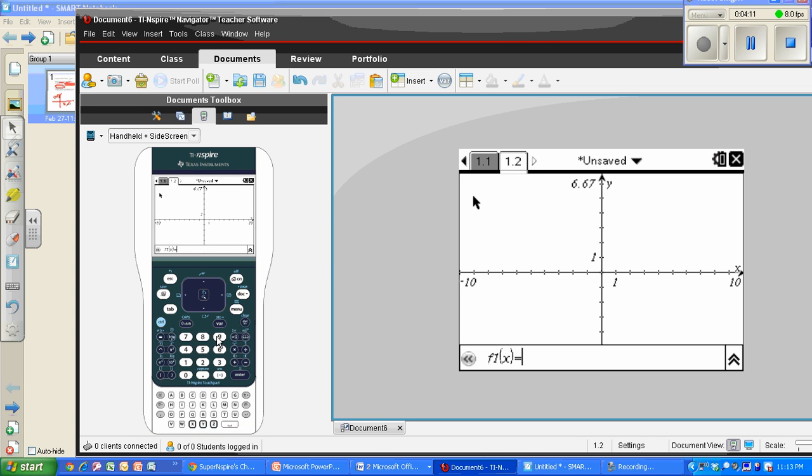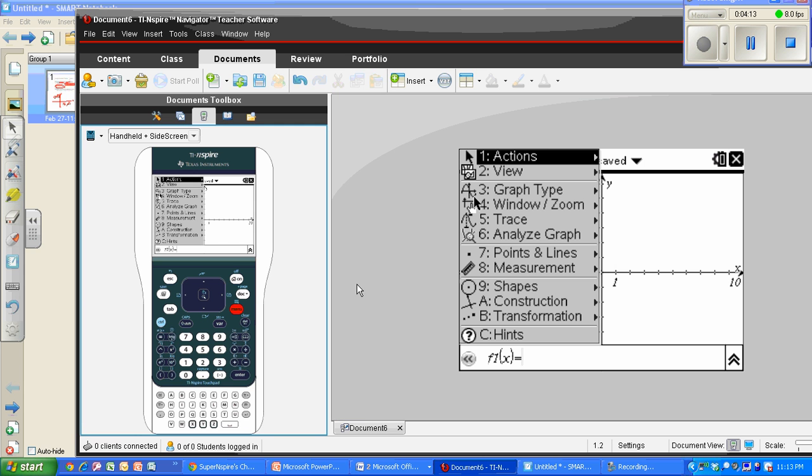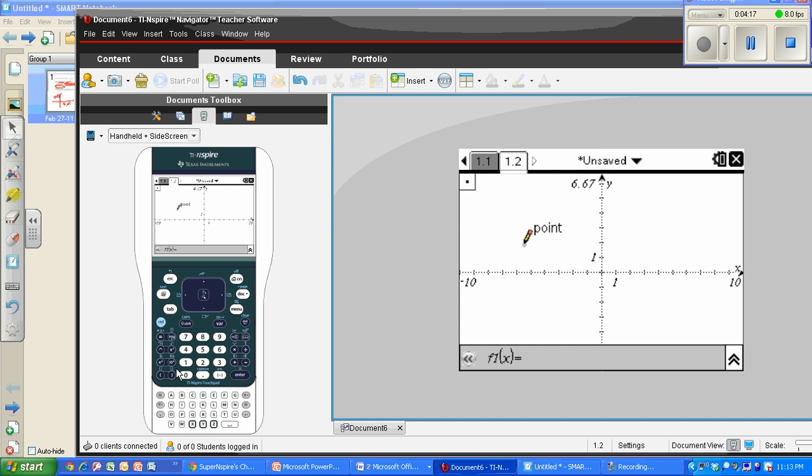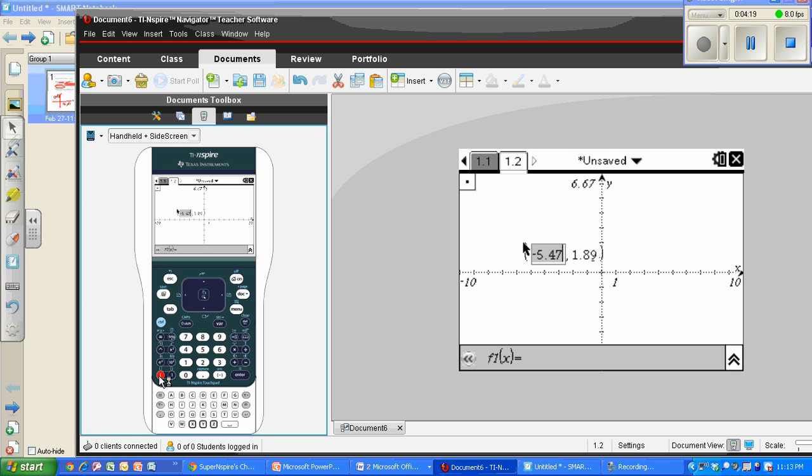So I'm going to go to menu, points and lines, get a point, hit parentheses, and then I remember it was 6, enter 0, that's my x-intercept. Parentheses, 0, enter 4, that's my y-intercept.